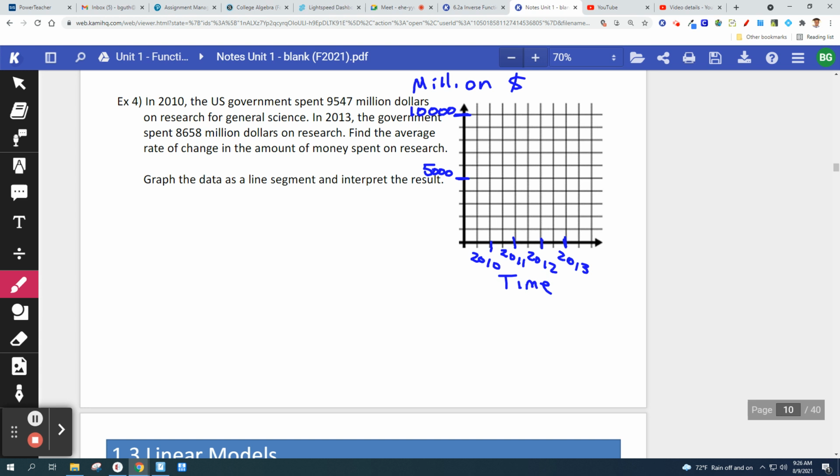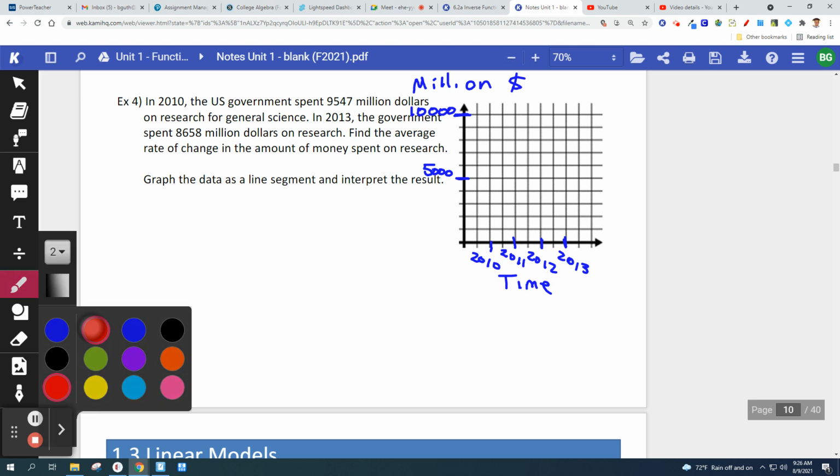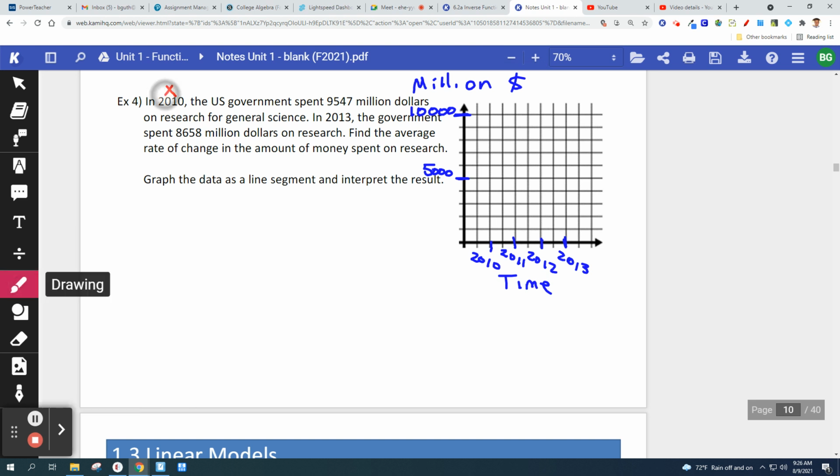All right. So mainly we're just graphing a point, and the first sentence gives us the first point. X is the time, and Y is that amount of money. So we've got 9,547 million. So at 2010, I'm going to go up to about right here. It's basically 9.5 on a 10-point scale.